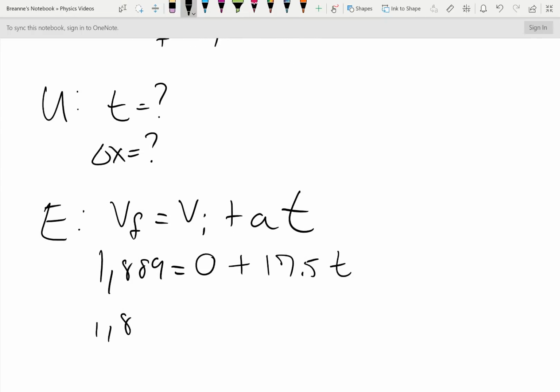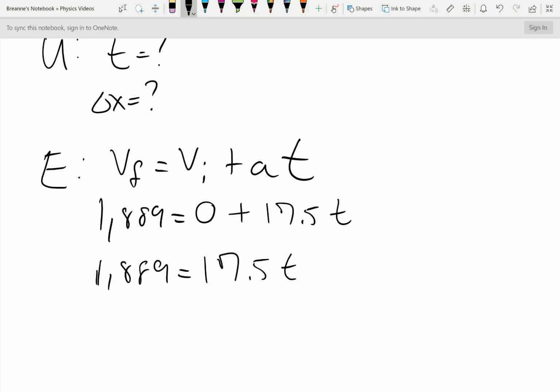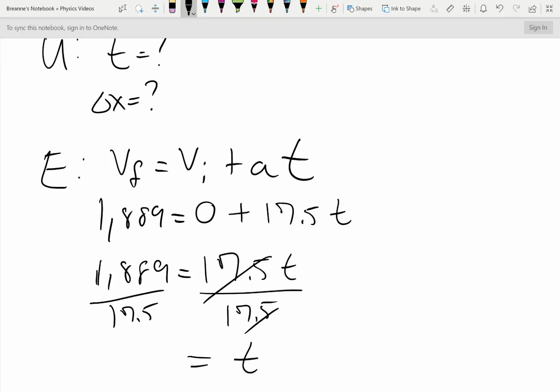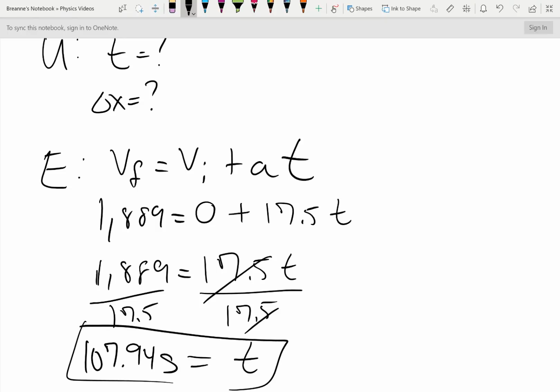So that 0 can just go away, and we're left with 17.5, sorry. What you do to one side, you've got to do to the other because you want t by itself, so you divide. Then you get out a calculator, and you get that as your answer for time.